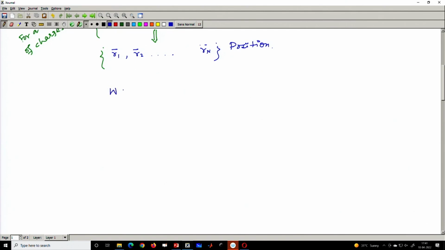The expression should be something like this. It should be half, and this half ensures that I am not taking the term into account twice, sum over i not equal to j of Qi Qj divided by 4 pi epsilon 0 and the magnitude of Rj minus Ri.